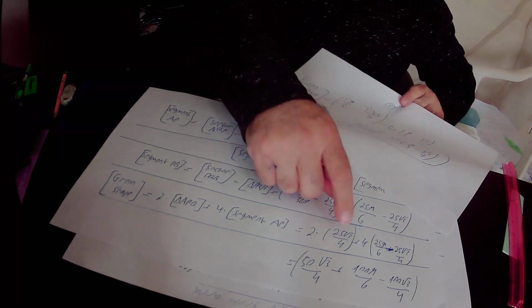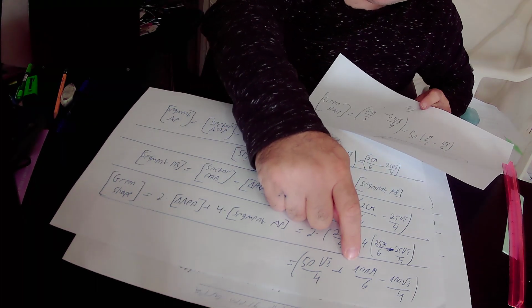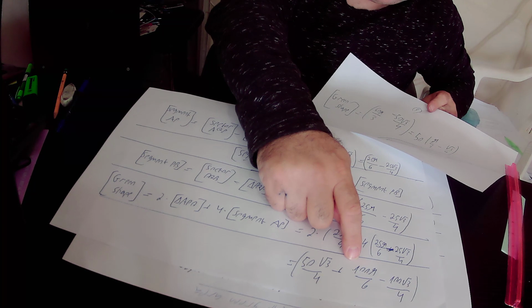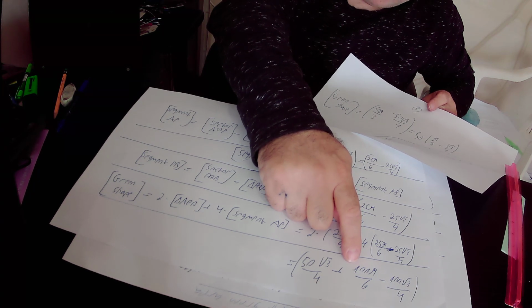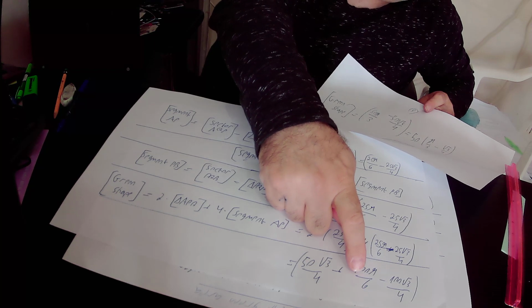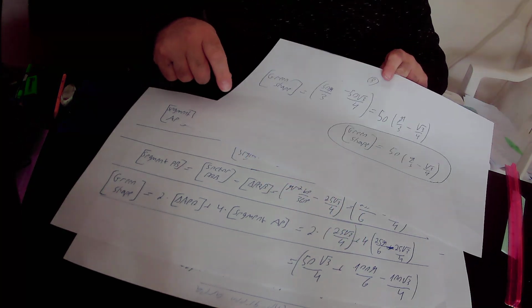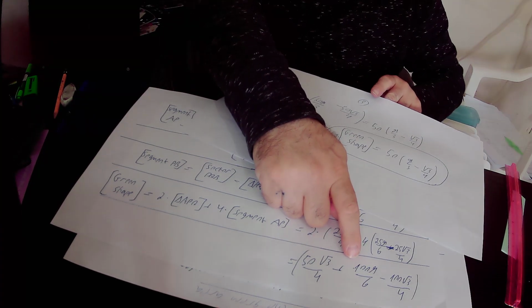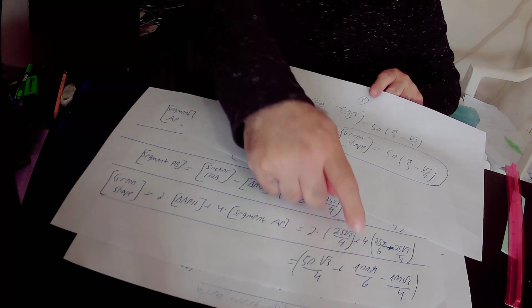And here we have the expression 100 pi over 6. If we divide both the numerator and the denominator by 2, we get 100 over 2 is 50 and 6 over 2 is 3. So this expression equals 50 pi over 3.